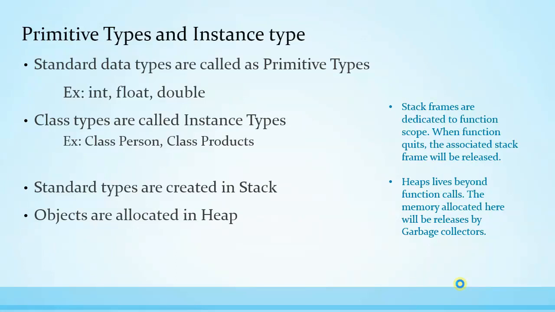That means once the method call for a returns, the stack frame for the method a gets deleted. The frame gets released. That means the memory slots are free, and can be allocated for other stacks. So that's about the stack frame.